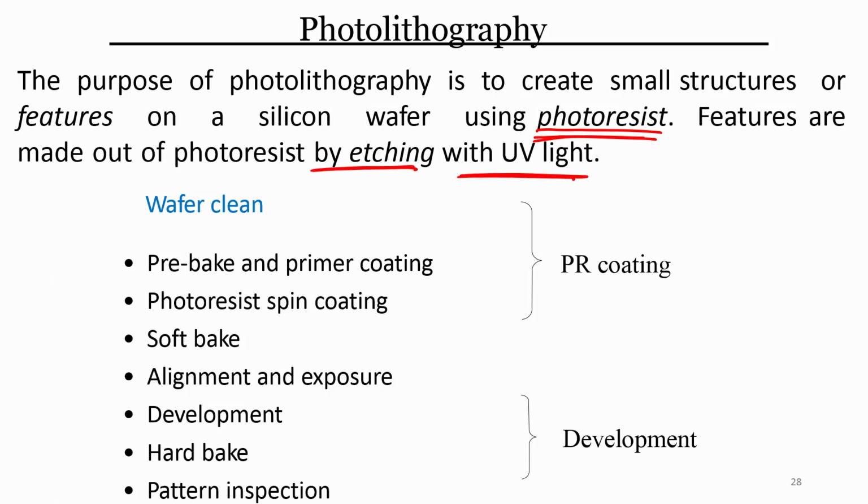So, what we understand is we can create small features. One, we can use a silicon wafer, but it is not limited to silicon wafers. We can also use glass, as we have just seen. We can also use an insulator like alumina.